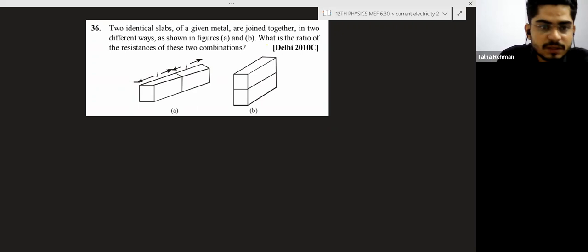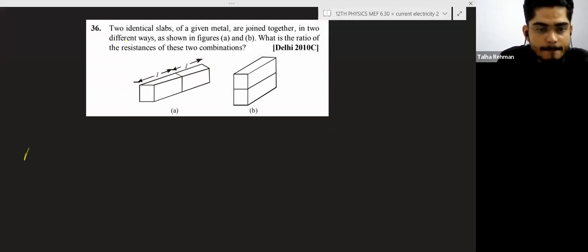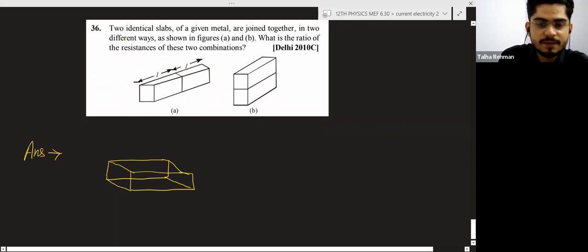So first, you should know how to solve this question. We have a slab. Slab means like this. Slab is something like this. You can see here, this is a slab.